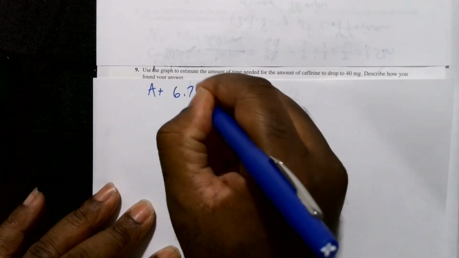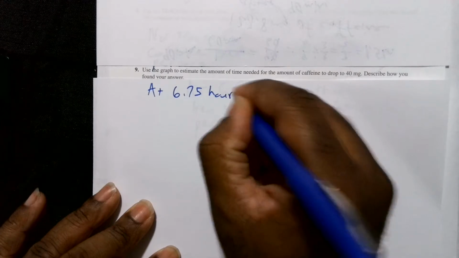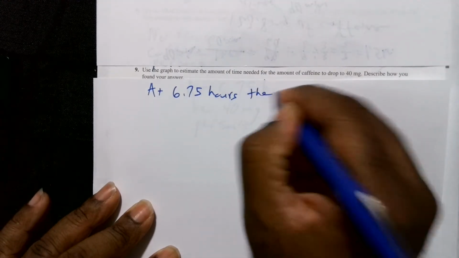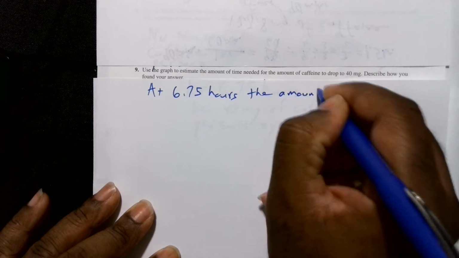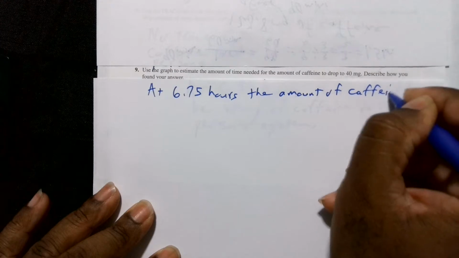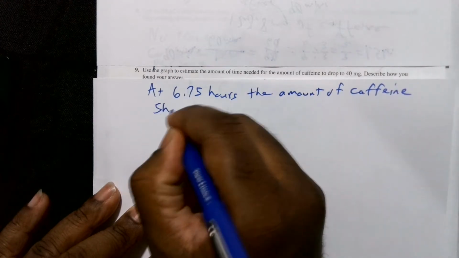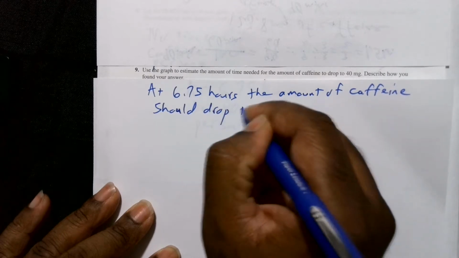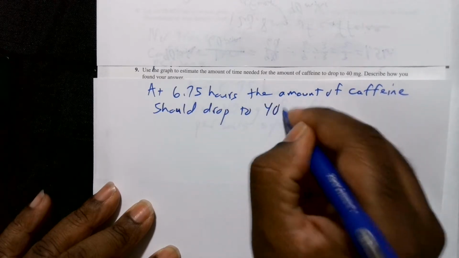So, what we can conclude is at 6.75 hours, or about, the amount of caffeine should drop to 40 milligrams.